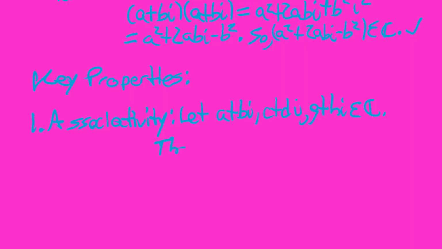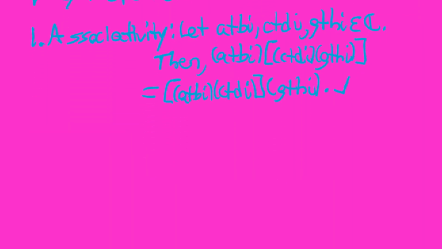So then we have A plus BI times C plus DI times G plus HI is equal to A plus BI times C plus DI times G plus HI. So we have associativity.